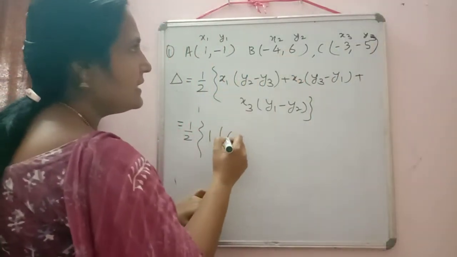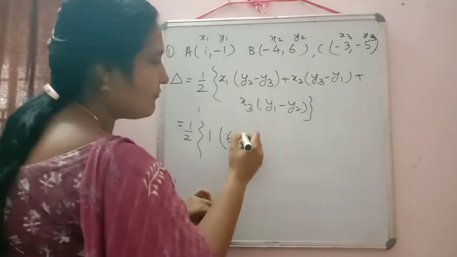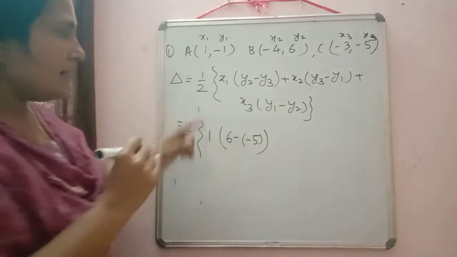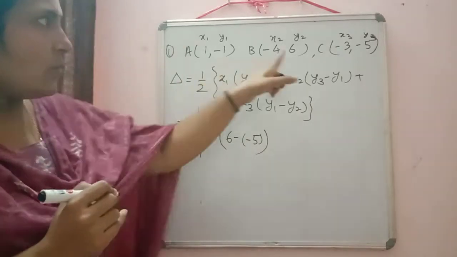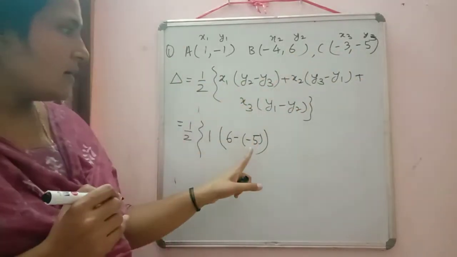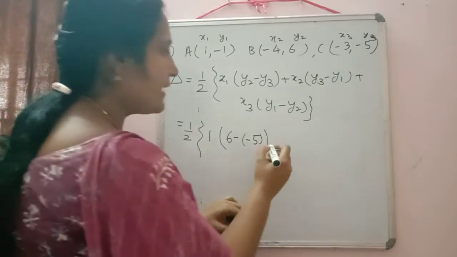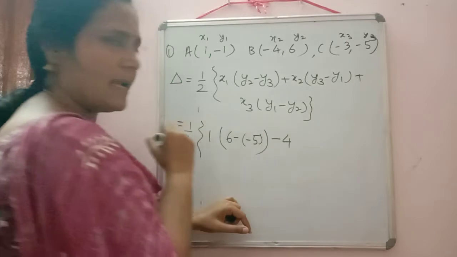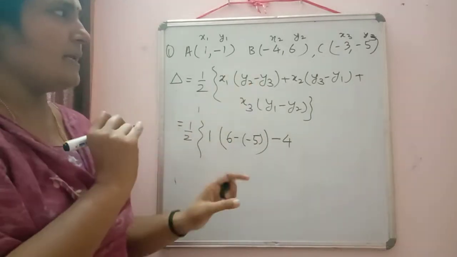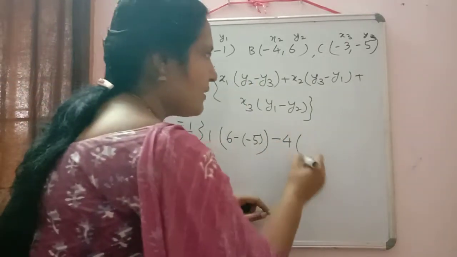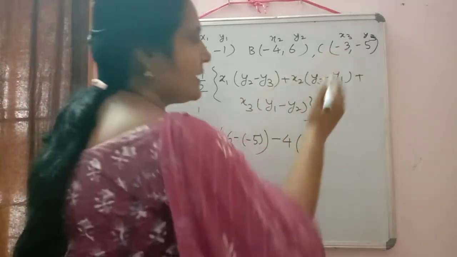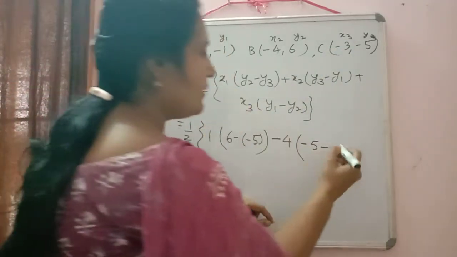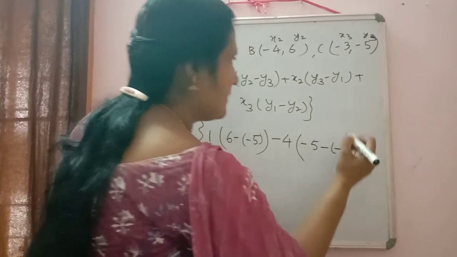In place of y2 we have 6, minus, in place of y3 we have minus 5. Clear? x1 into y2 minus y3, then plus x2. x2 is negative, so both the symbols we are not writing, because plus minus will be equal to minus. x2 into y3, y3 is minus 5, minus y1, y1 is negative, minus 1.